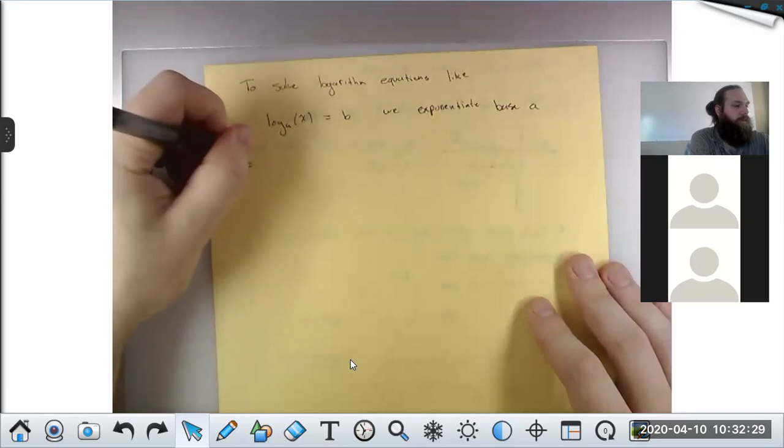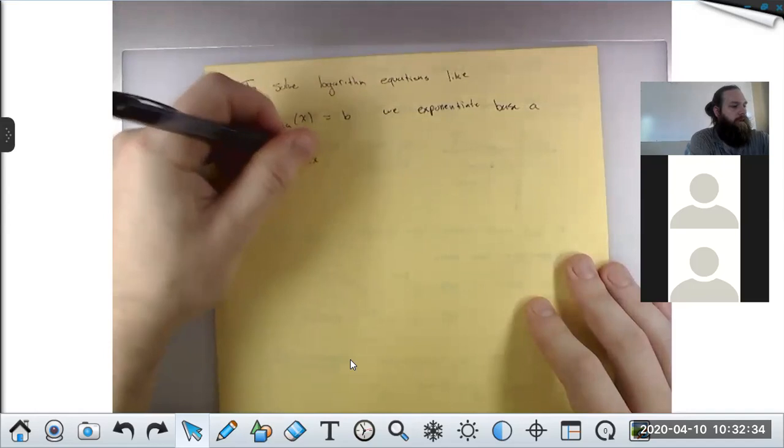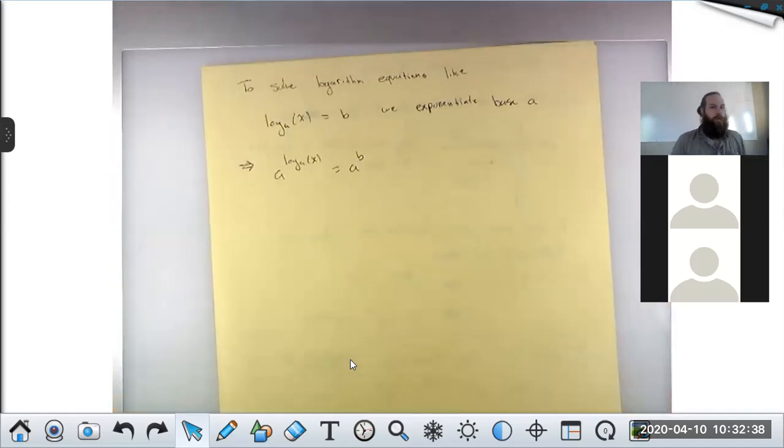So that would look like a raised to the log base a of x equals a to the b. Whatever is on both sides goes in the power of your chosen base.